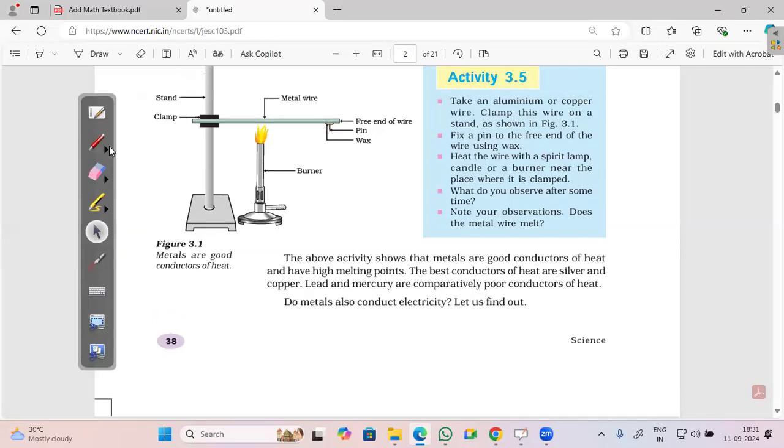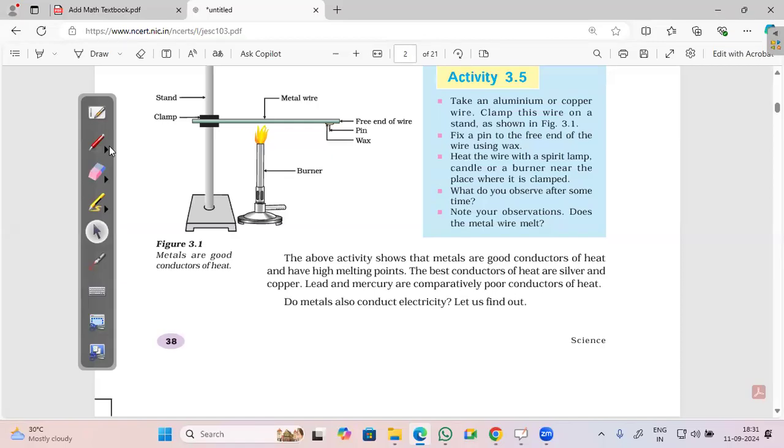Sir, a non-metal which is a good conductor of electricity, graphite. And a non-metal which is lustrous, iodine.